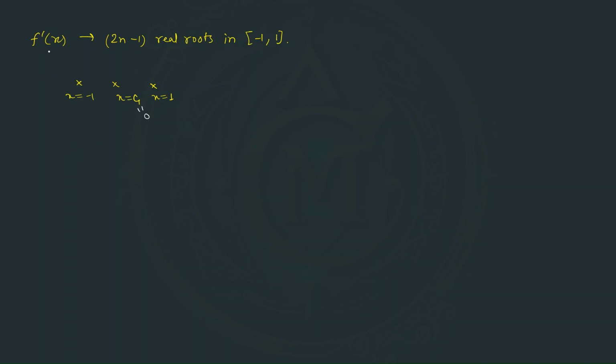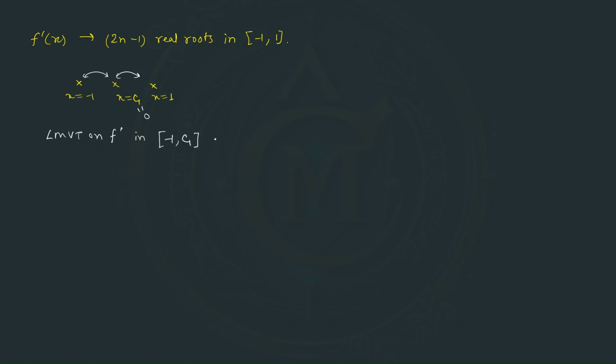So now we can apply LMVT on this function f dash x in two separate intervals. So LMVT on f dash in the interval -1 to c1.